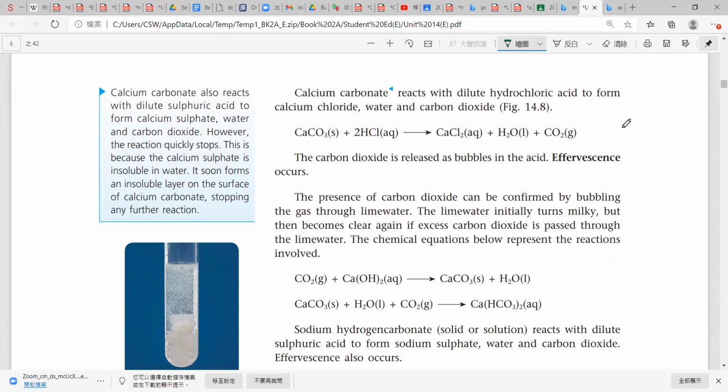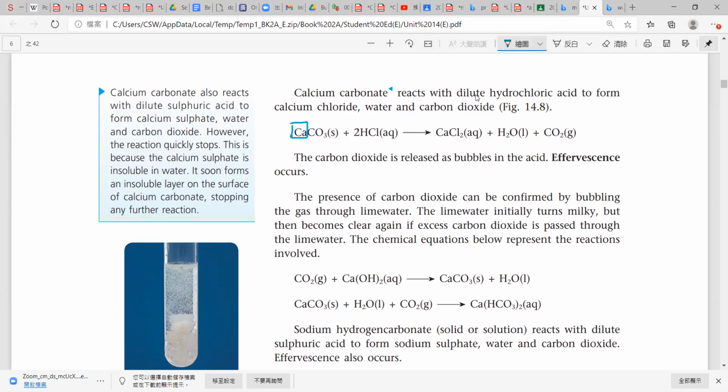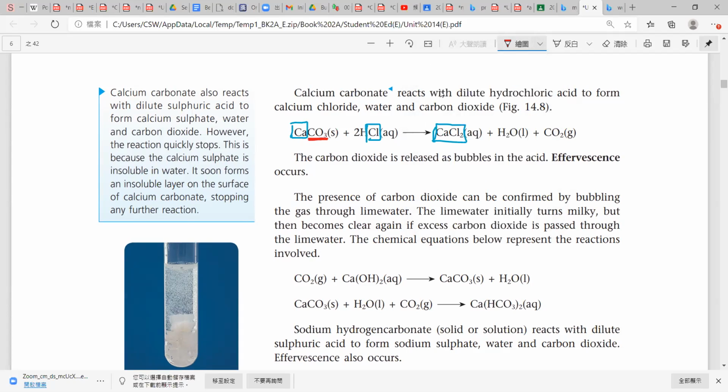And we will have a very authentic example from Form 3 IS: calcium carbonate reacts with hydrochloric acid to form calcium chloride, H2O, and CO2. Now, how do we present this? As I said before, calcium chloride. And leaving behind the carbonate, it reacts with hydrogen ions to form carbon dioxide and water.